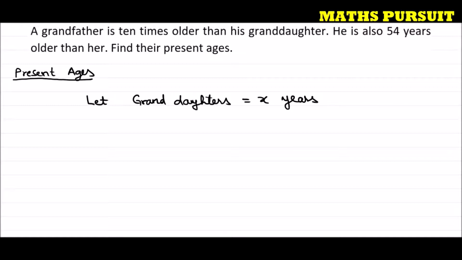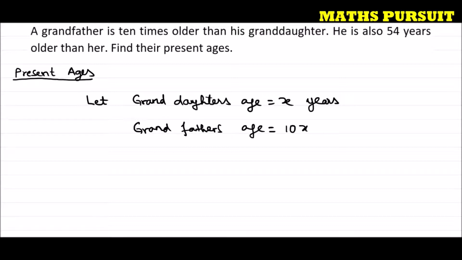So if granddaughter's age is equal to x years, then grandfather's age will be 10x years.